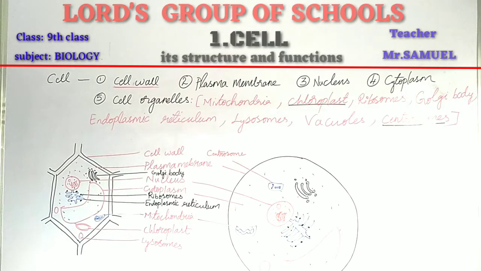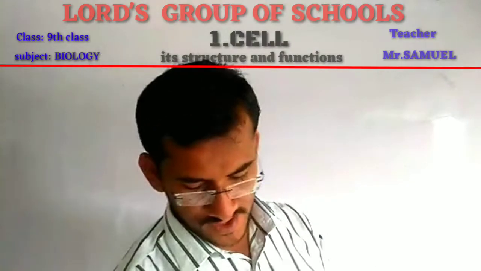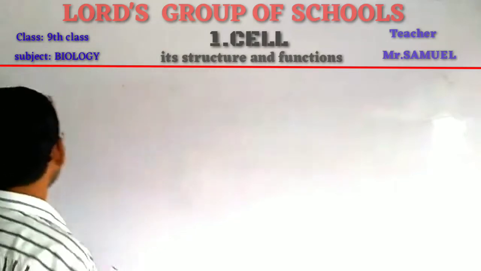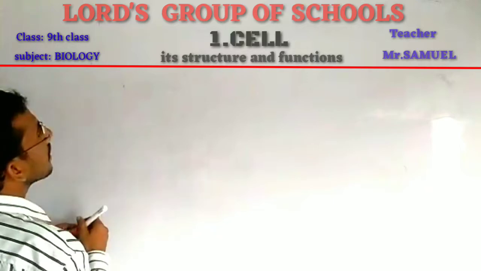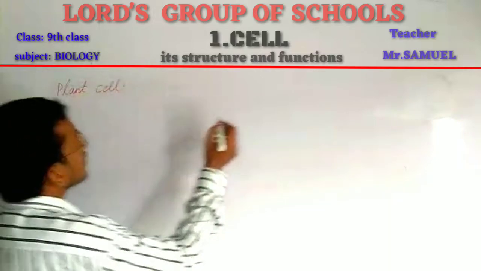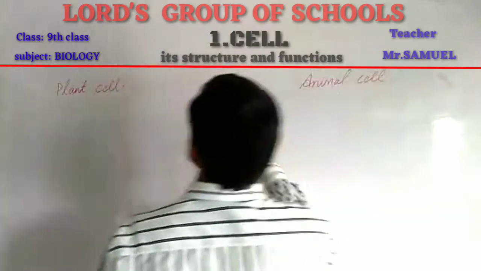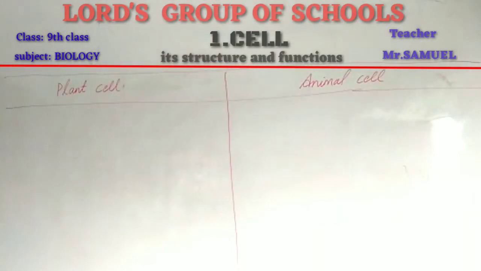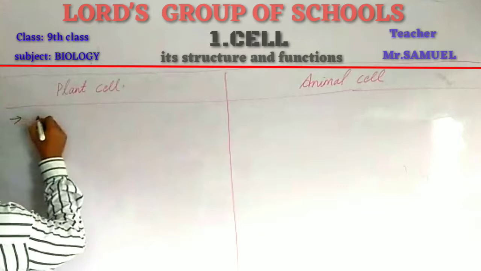Let us label it. Let us see the differences between plant cell and animal cell. So plant cell has cell wall.